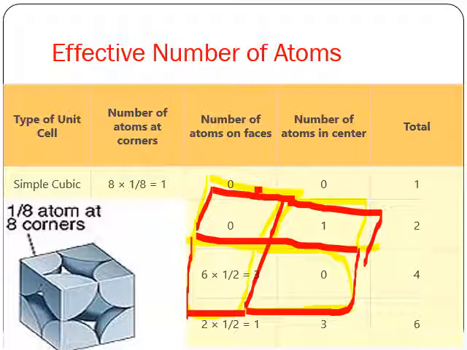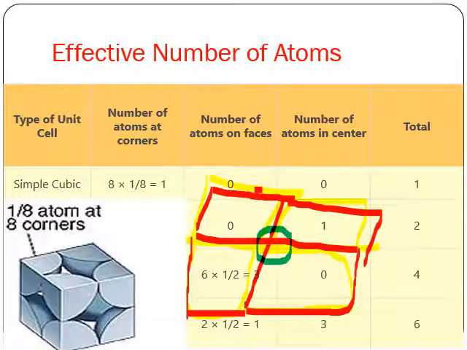Now you can imagine there is an atom in between the first and the second. This atom is shared by a total of 8 unit cells. Understood? If you have 4 unit cells at the bottom, this atom is shared by a total of 8 unit cells.